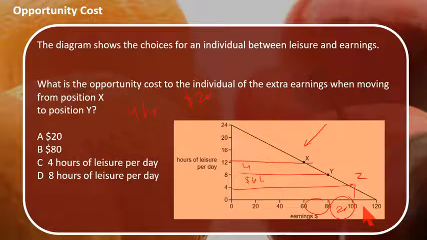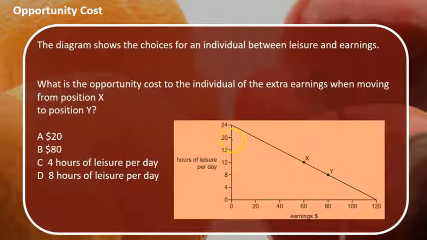Mind the word constant opportunity cost. Every 4 hours of leisure sacrificed will get you $20 of extra earning, even at this point right here. At this point, let's say this point represents A, and I want to move to point B. So you can see for additional $20 earning, I will have to sacrifice 4 hours.